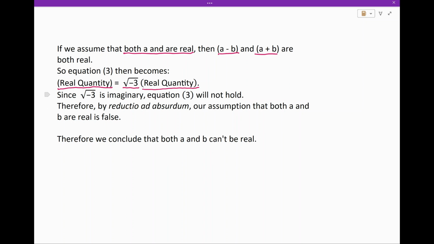And because square root of minus 3 is an imaginary quantity, equation 3 will not hold good. Therefore, by reductio ad absurdum, or by reducing our argument to absurdity, our assumption that both a and b are real is false. Therefore, we conclude that both a and b can't be real.